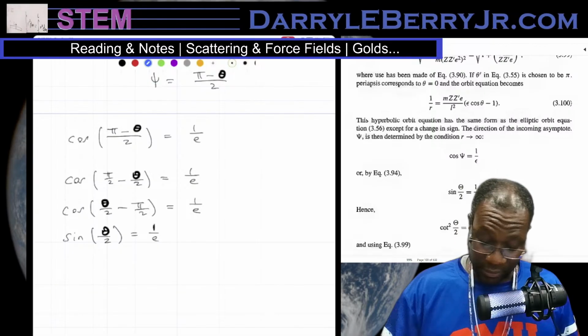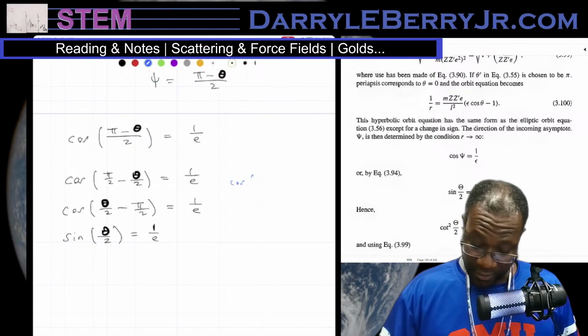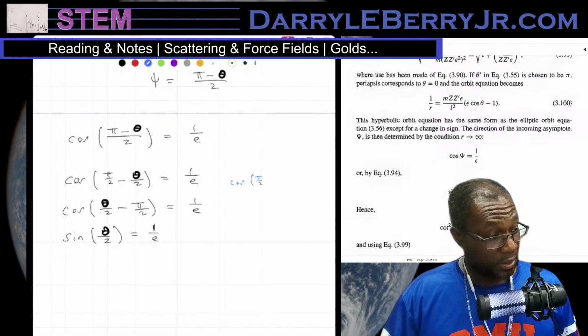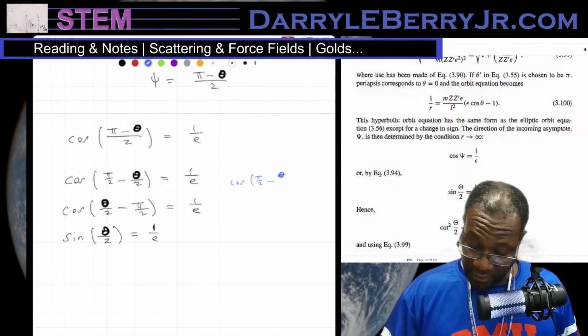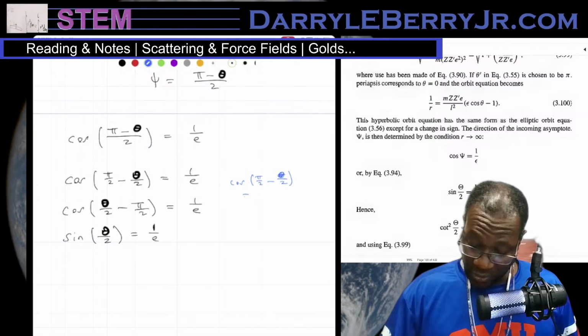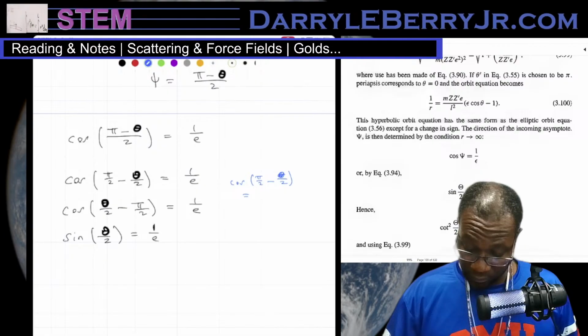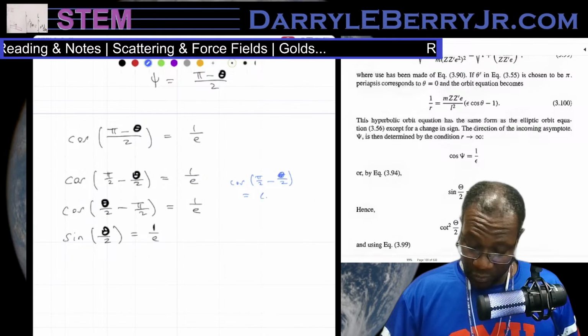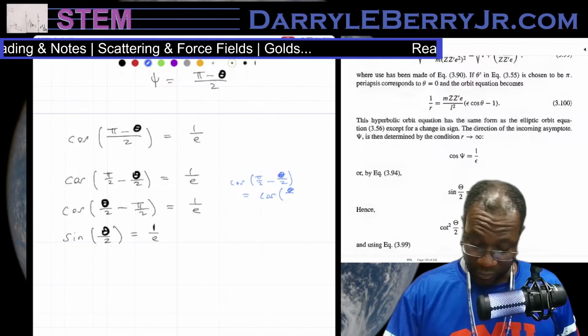And again, to write that clearly, we have cosine of pi over 2 minus big theta over 2 equals cosine big theta over, well, I should have written the whole thing out.